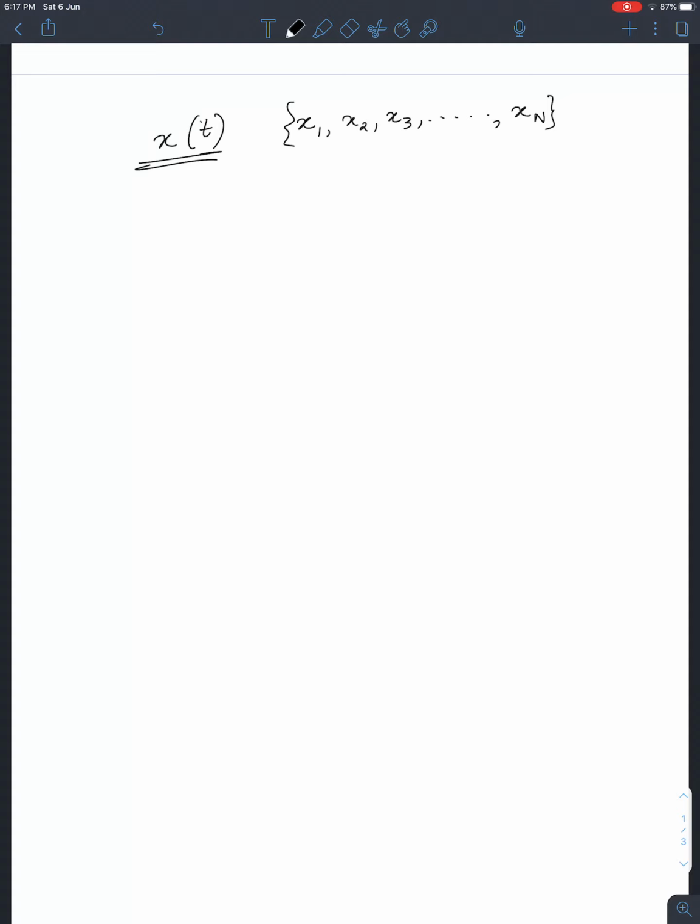They can be discretely Fourier transformed to another set, capital X of n, and this is not a function of t but a function of frequency. Okay, if this is a function of time, then this is a function of 1 over time, or frequency. So that's why it's mostly called the time domain. From the time domain we go to the frequency domain.